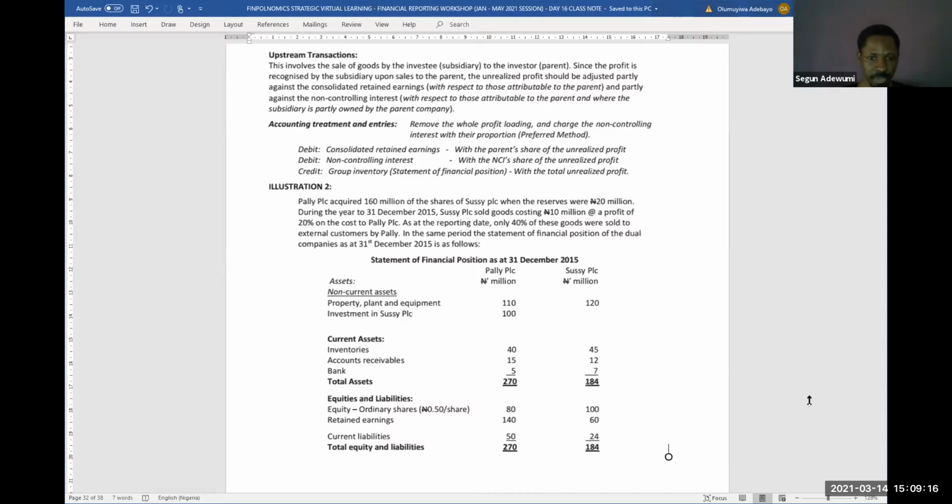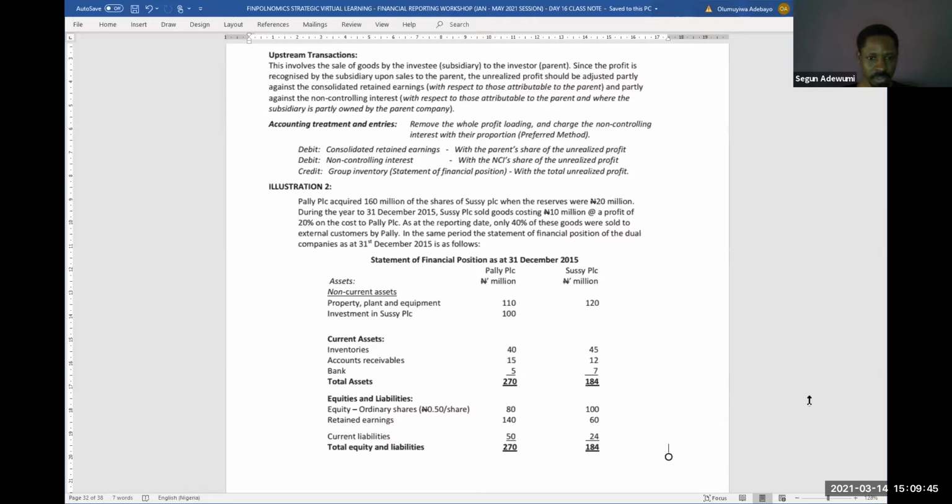In the same period, the statements of financial position of the two companies as at 31st December 2015 are as follows. All figures are in million naira. Non-current assets, property, plant and equipment: 110 for Pali, 120 for Suzy.